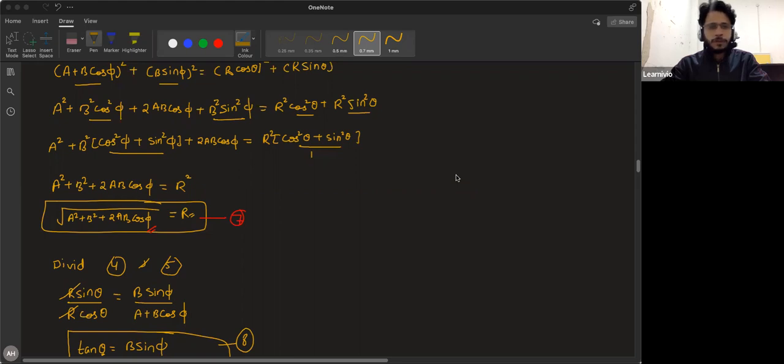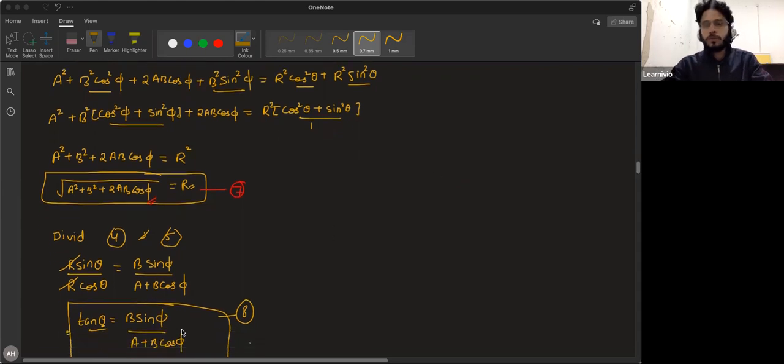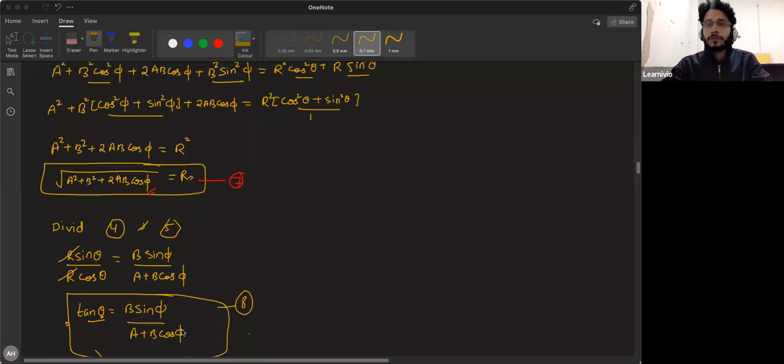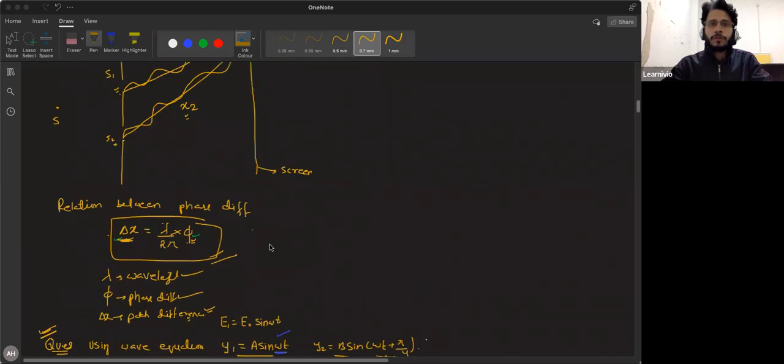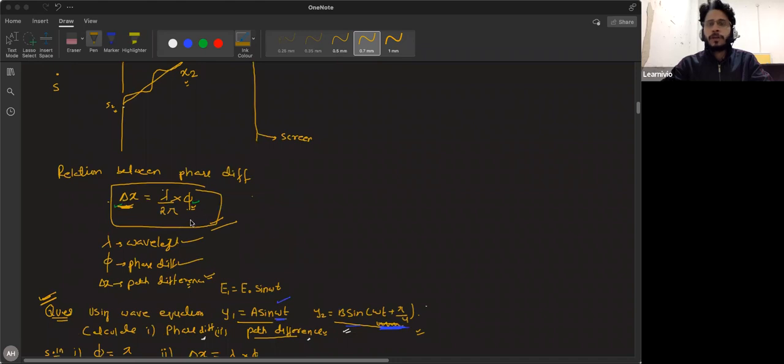We discussed path difference in the last lecture. The path difference is lambda by 2 pi into phase difference. That's the relation, lambda by 2 pi into phase difference, right, Alia?